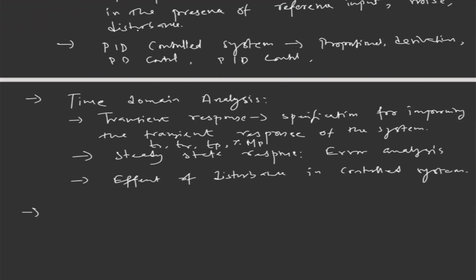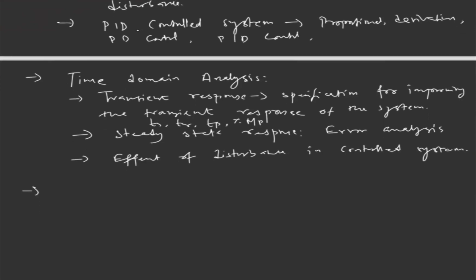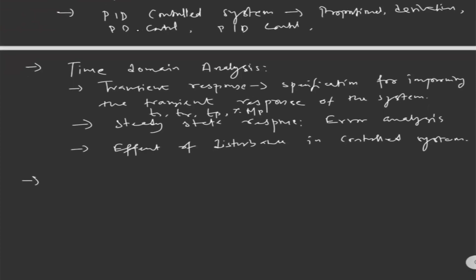And then we have discussed how we can verify whether the closed loop system you are having is stable or not. For that, we have come up with the Routh stability criteria.